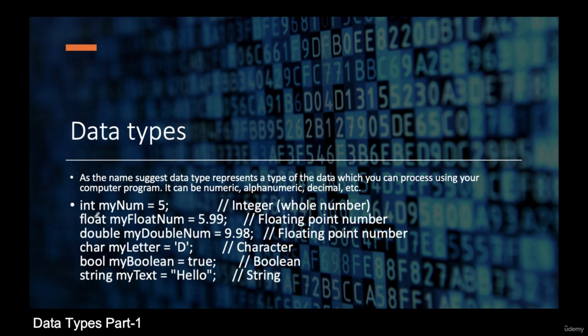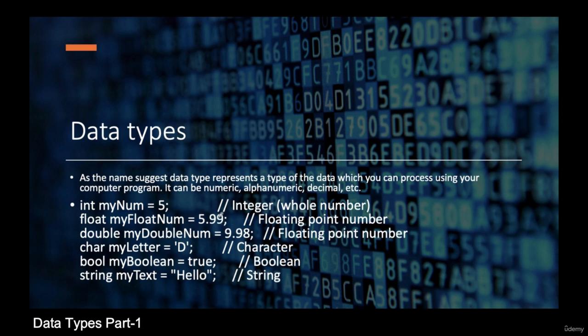Here are some examples. These are the popular data types in the C++ language. You can see int over here: int my number equal to 5. It's an integer data type which shows a whole number, a number without a decimal point. Then we have the float data type, which means the number can be a decimal number.